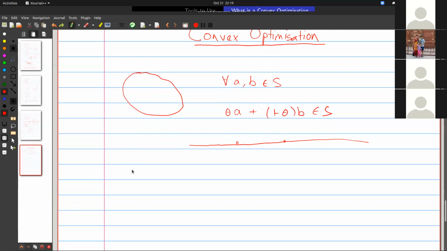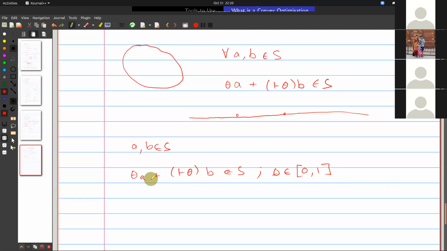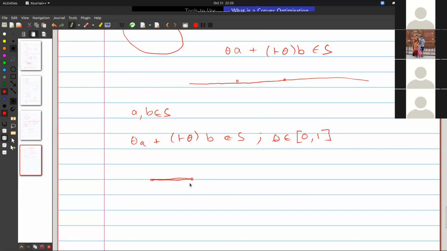A convex set is a set where for A, B belonging to S, theta A plus 1 minus theta B must belong to S. However, theta is constrained to 0 to 1. So what this essentially means geometrically is that all the points on the line segment connecting the two points in the set lie in the set. I'm giving you examples in R2, however these can be generalized to any arbitrary sets.